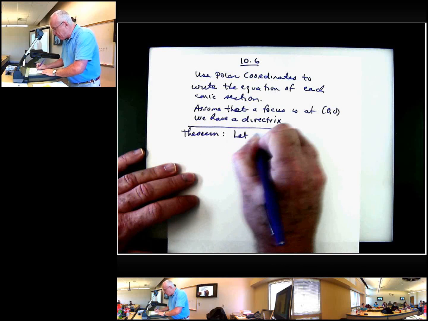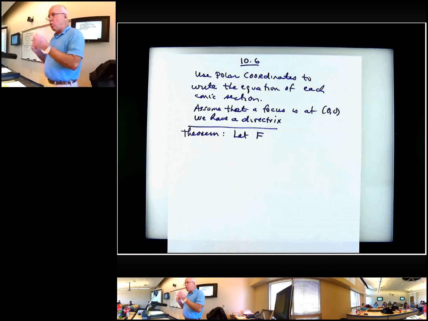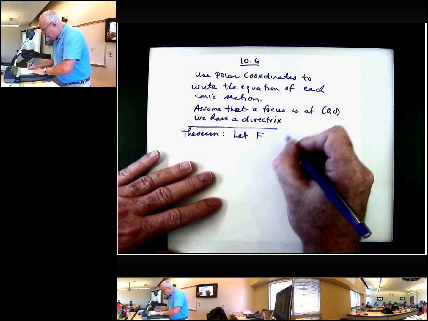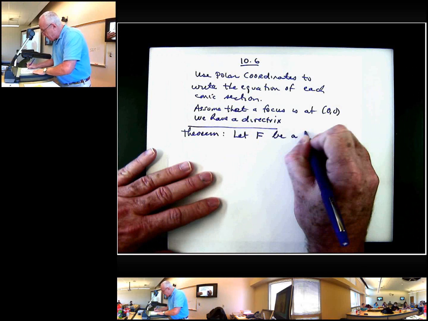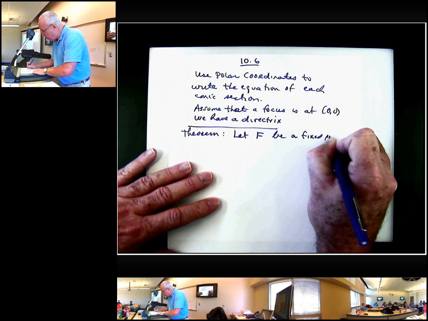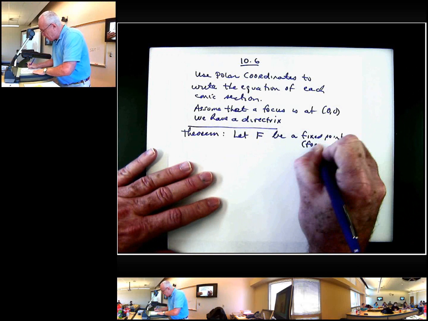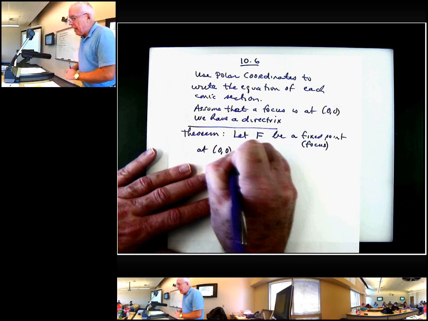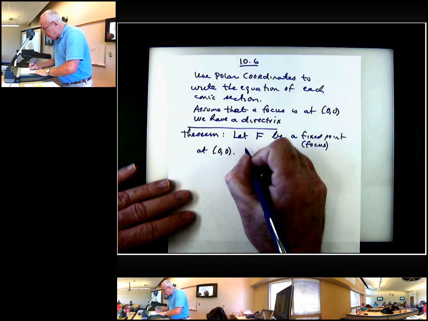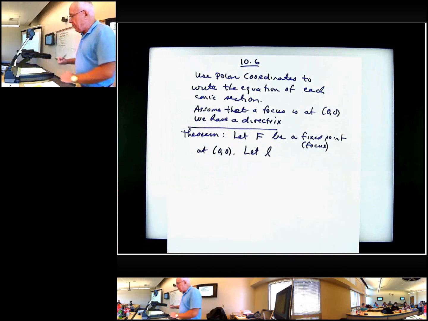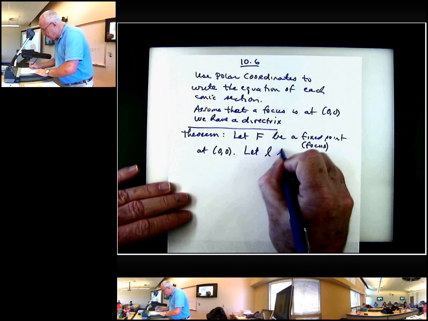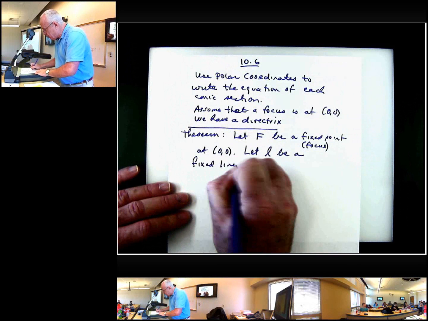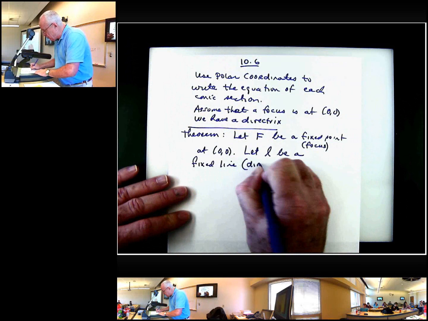Let capital F be a fixed point, the focus at 0, 0, and let small l be a fixed line, which we are going to call the directrix.